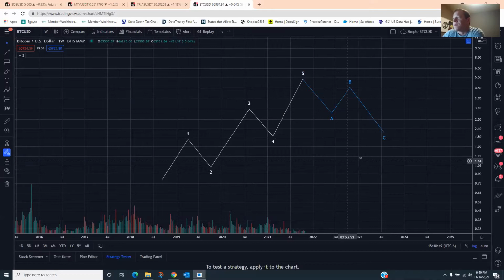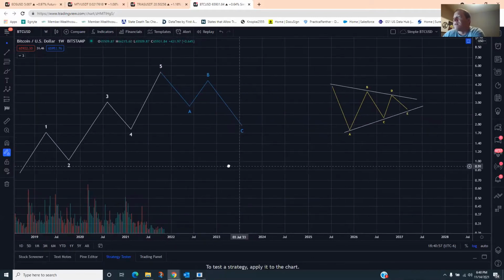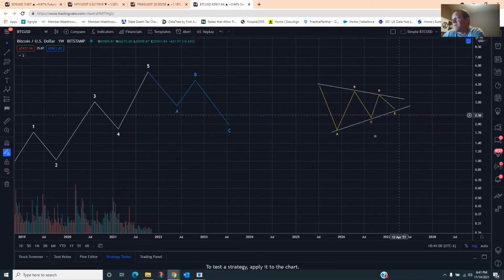There's more types of corrections than just ABC. You also have ABCDEs, which you can see here can typically form what some people call a pennant or a bull flag, or symmetrical triangle, whatever.